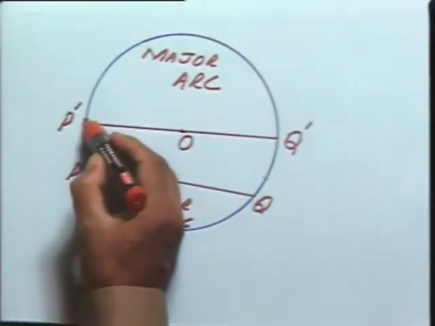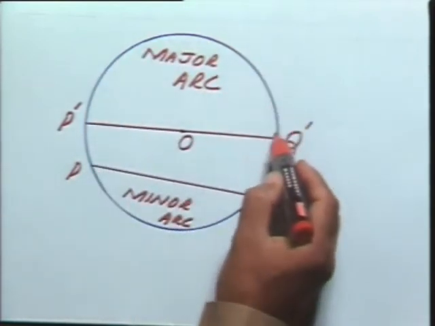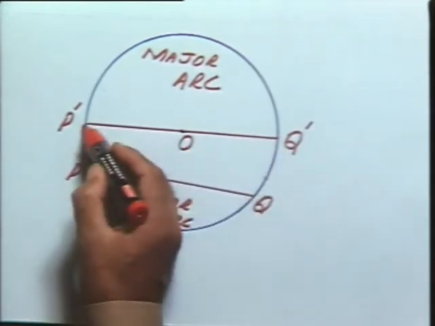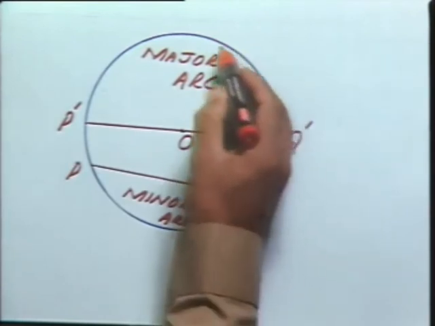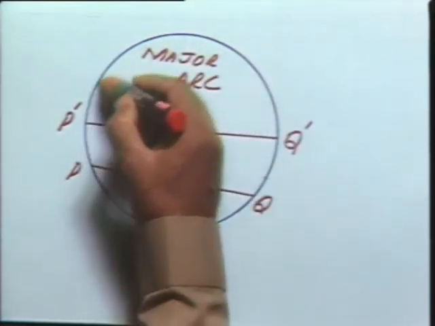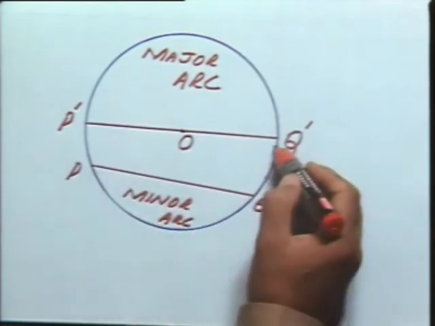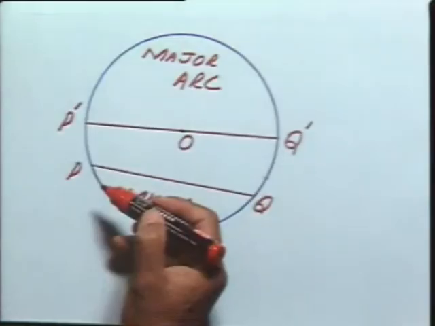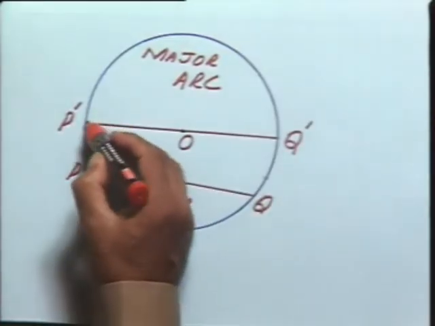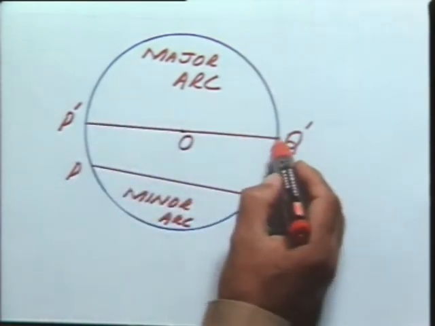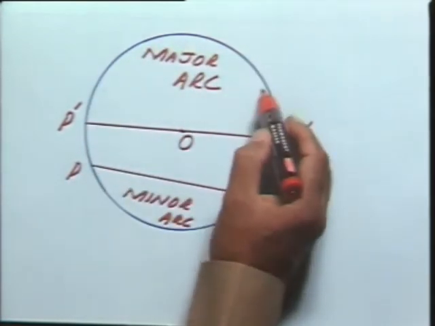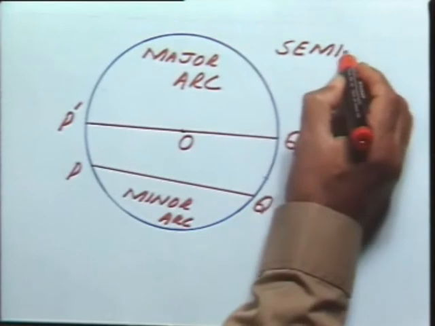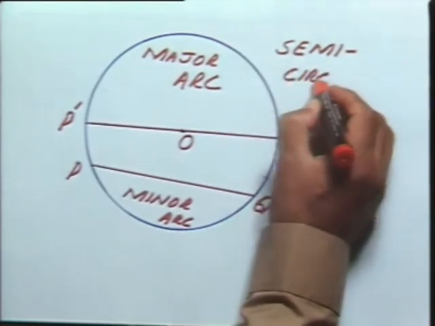Now, what is this doing? Giving us this as one arc, this as another arc, and splitting these two in the same manner, that is, this is going to be equal to this one, which can be verified by folding the circle along the diameter or by actually measuring it. So, whenever we draw a diameter, we get two parts of the circle which we call semicircles, semi for half.